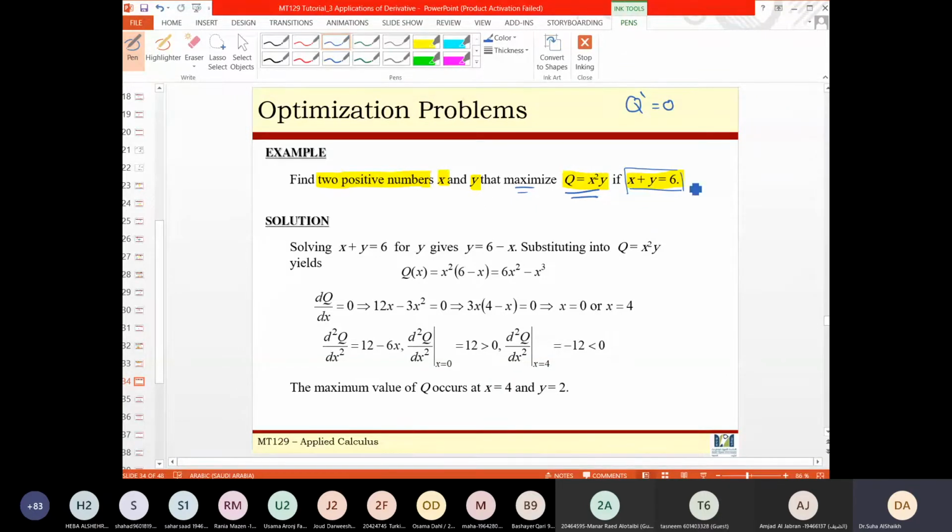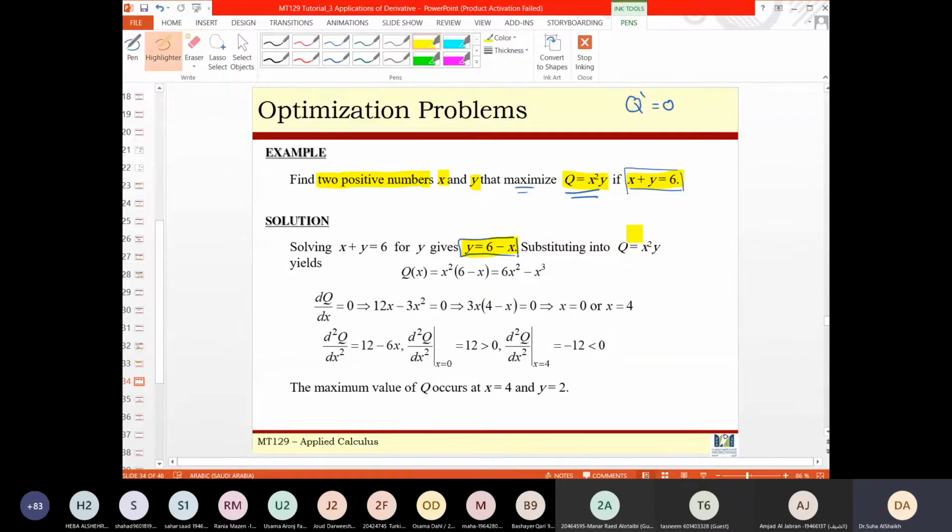الحين if x plus y is equal to 6, this will imply that y is equal to 6 minus x. ولا bring x to the other hand side. This will give you y equal to 6 minus x. Now find the q dash. This is my q. What is the q dash? Now first of all, we don't find the q dash لحد ما we make the equation into an equation in one variable.